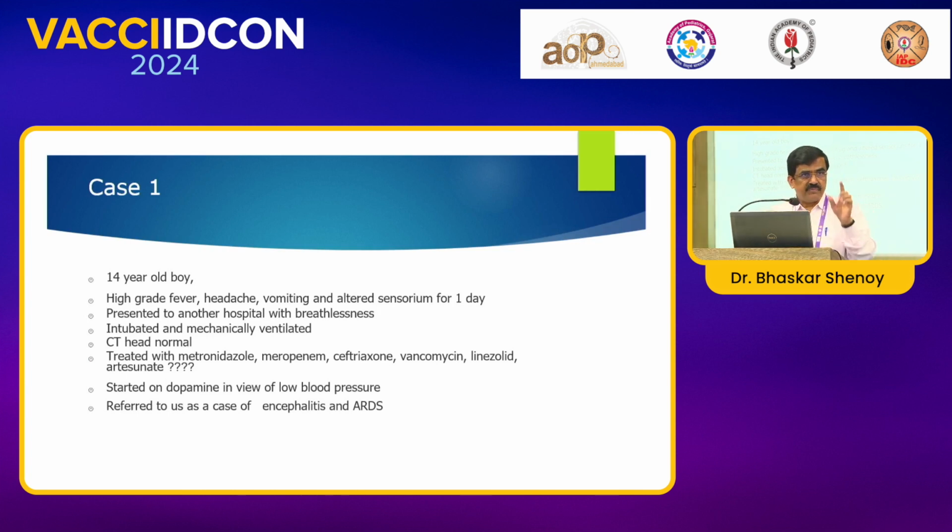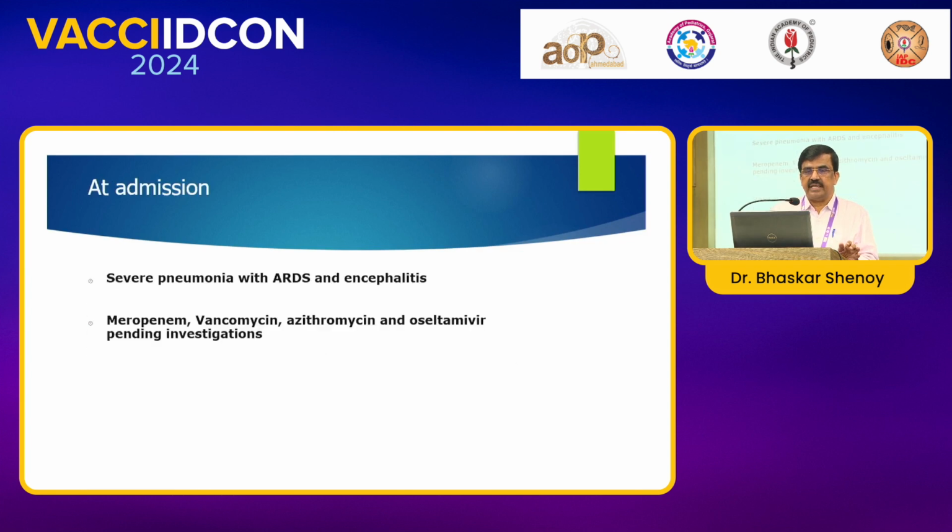So the first case is a 14-year-old boy with high fever, headache, vomiting, altered sensorium, who came with breathlessness. He was intubated and ventilated. CT was normal. He was treated with multiple antibiotics, metronidazole, meropenem, ceftriaxone, etc. Low blood pressure was there. Referred as a case of encephalitis and ARDS.